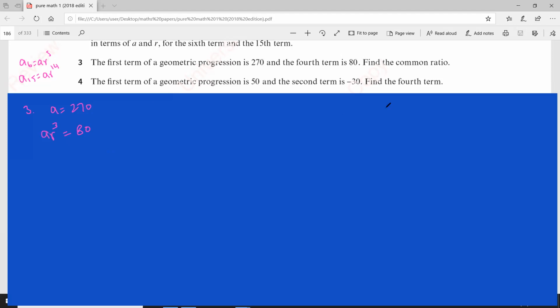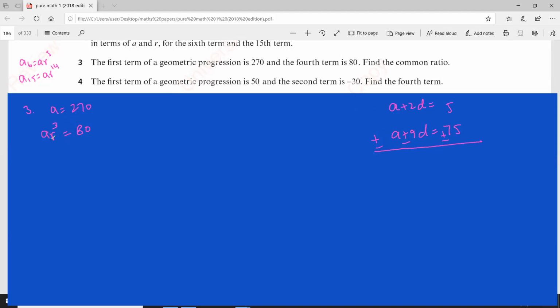When you were dealing with the AP, you had equations like A plus 2D equal to, let's say, 5, then A plus 9D equal to 75, and to solve them simultaneously we were subtracting them side by side. Now this is a different situation.